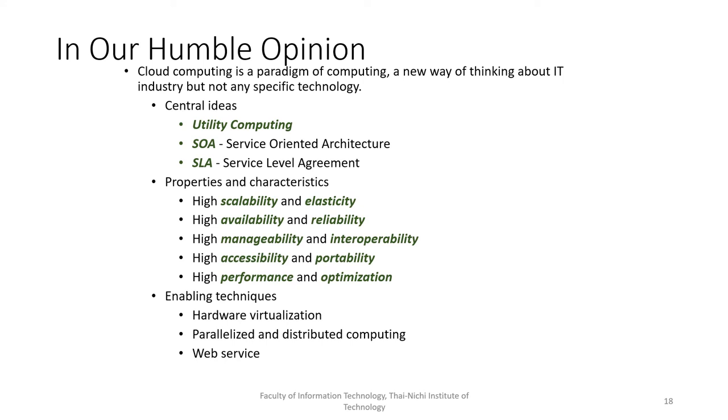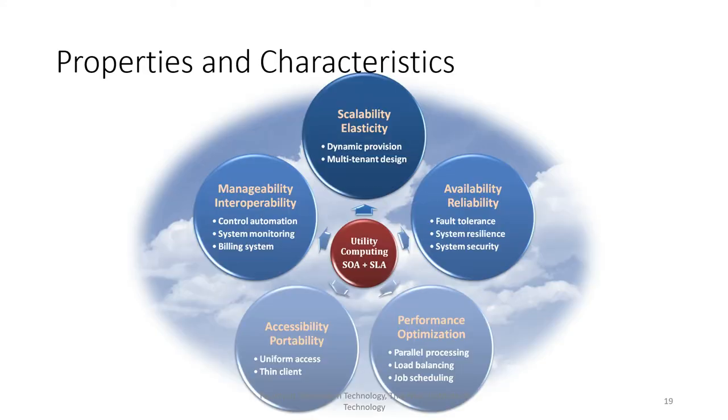In hardware virtualization, there is a section specifically allotted in the next video, the week 2 video, where we will learn about how the hardware is virtualized and used for multiple virtual machines. And scalability, availability, manageability, accessibility, and performance, we will learn one by one.